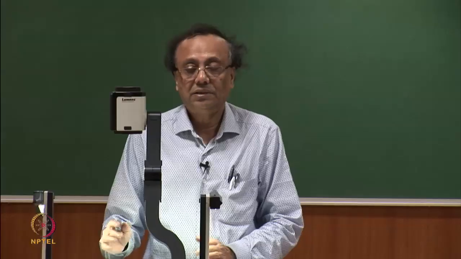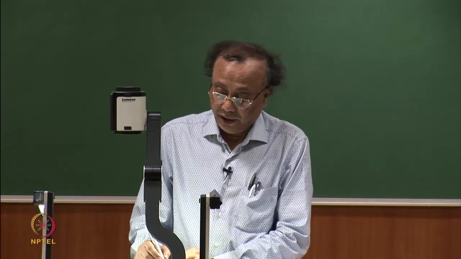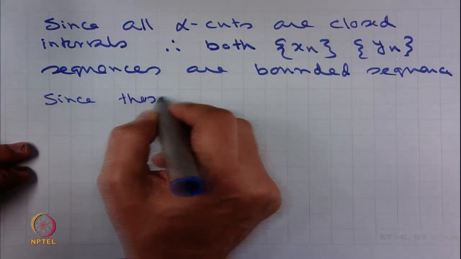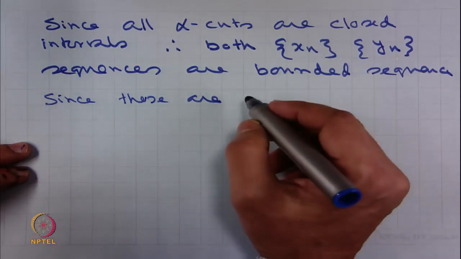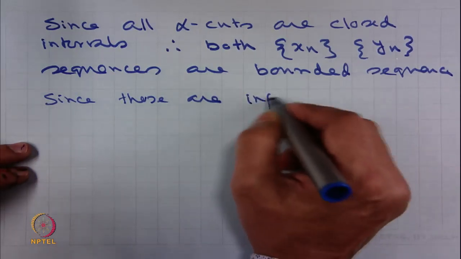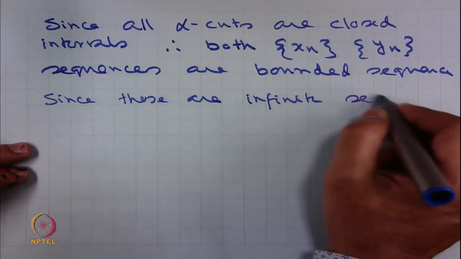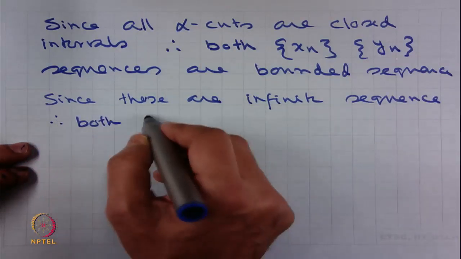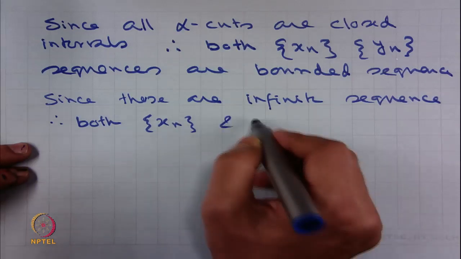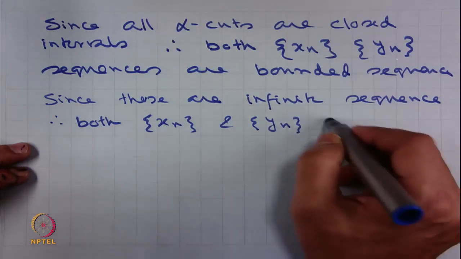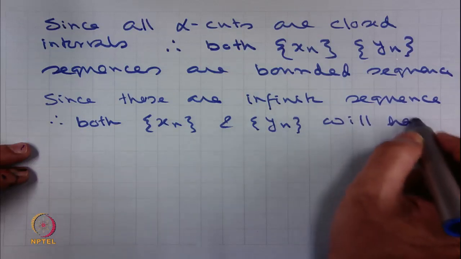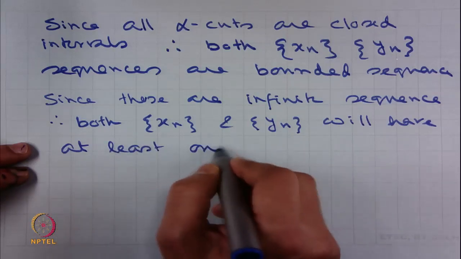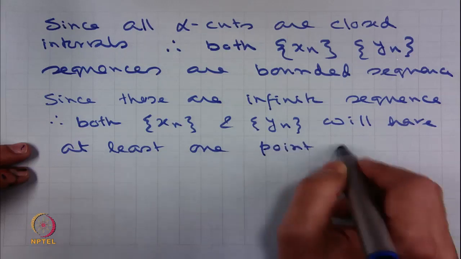Because we are taking numbers from within the alpha cut, and since these are infinite sequences, both x n and y n will have at least one point of convergence.